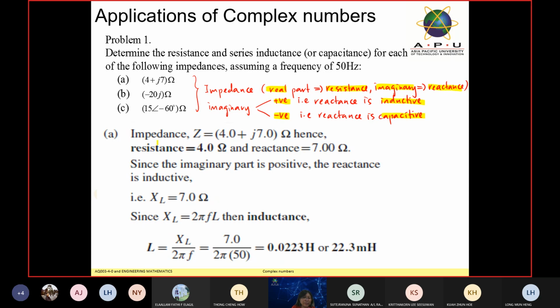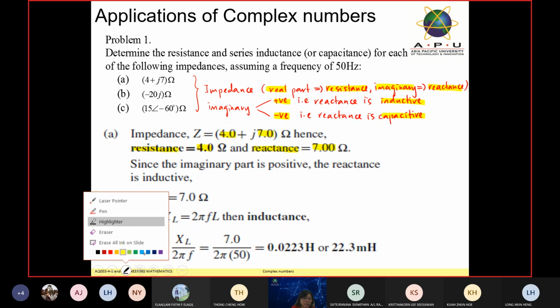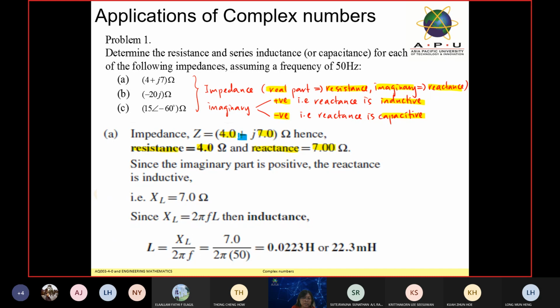Now let's start with the first one. We have an impedance of 4 plus J7. As I said, resistance refers to the real part, so the resistance equals 4, and the reactance is 7. Now the imaginary part has a plus sign, positive, right?